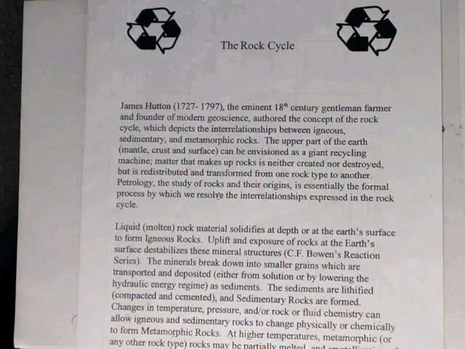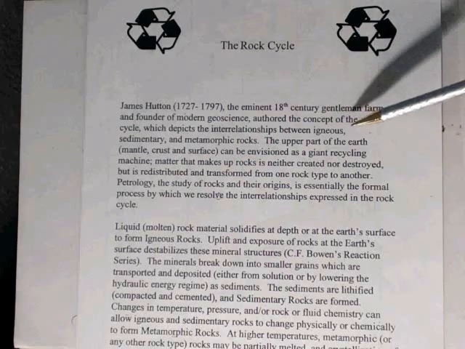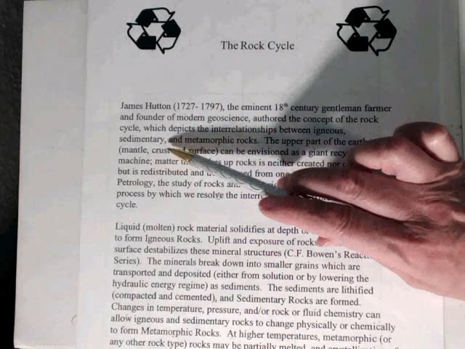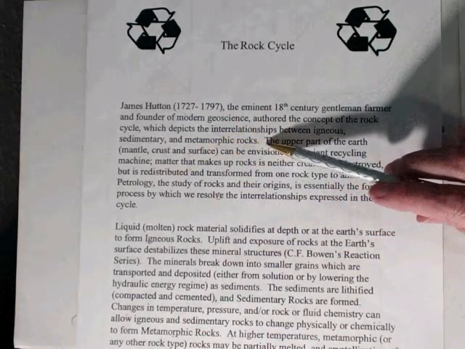So he is a very important figure in geology, and he came up with the rock cycle, showing the interrelationships between our three rock types. So here are our three rock types: igneous rocks, sedimentary rocks, and of course metamorphic rocks.